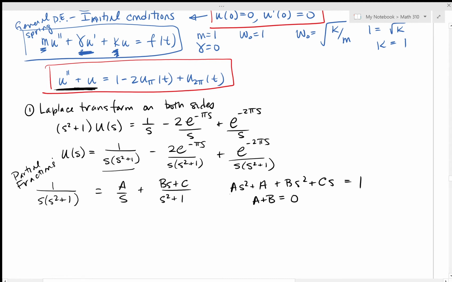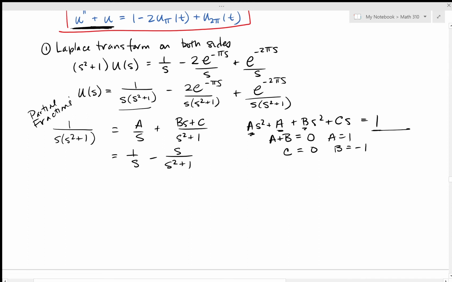That is from the square term. A plus B is equal to 0. There's no square term over here. Then I look at the linear term. The linear term is also 0, so C is equal to 0. And then I look at the constant term, and that is A, and the constant term over here is 1, so A is equal to 1, and that means that B is equal to minus 1. So I now know that this is 1 over s minus s over s squared plus 1.